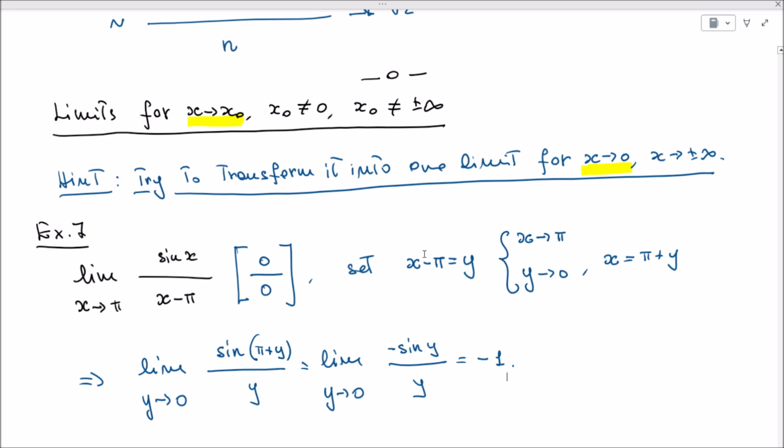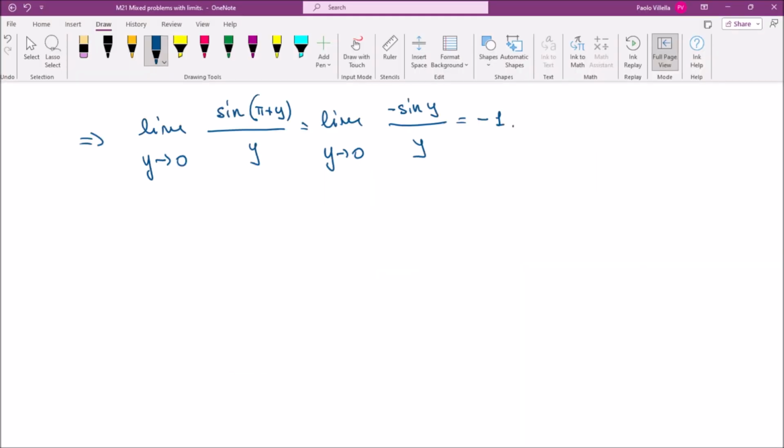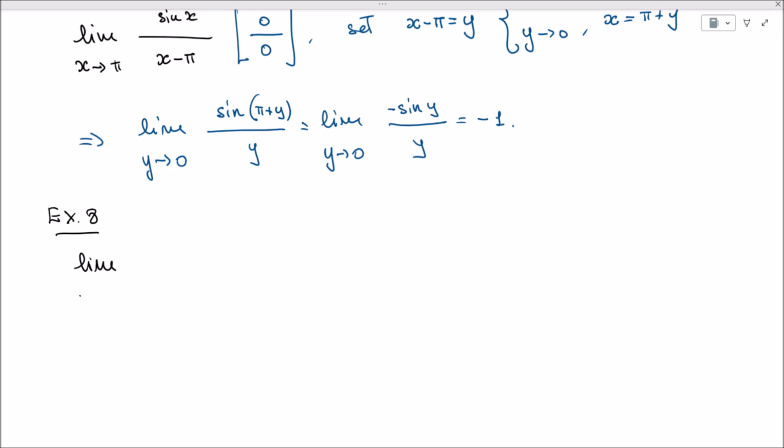A similar limit is the following, example 8. Consider the limit as x goes to 1 of logarithm of x divided by x squared plus x minus 2.